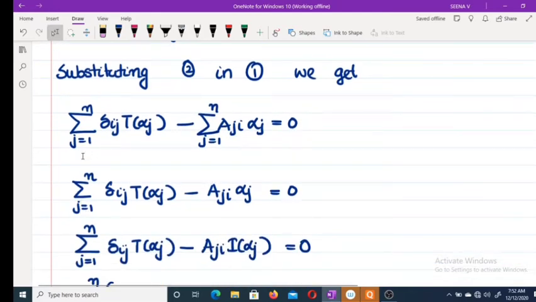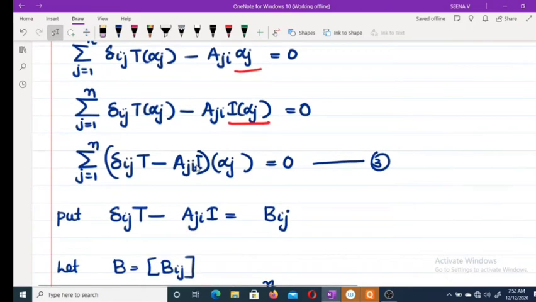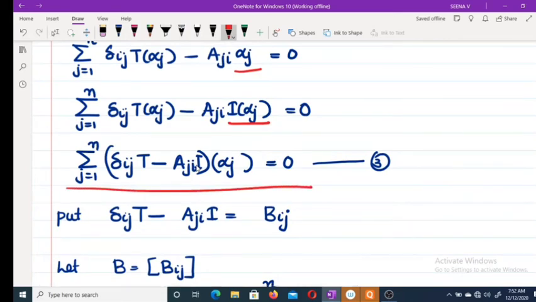You can take the summation outside, and take alpha_j outside, and we will get this. Put delta ij T minus a_ji I equal to b_ij. Just a notation: delta ij T minus a_ji I is equal to b_ij.